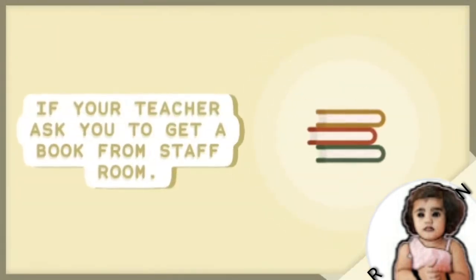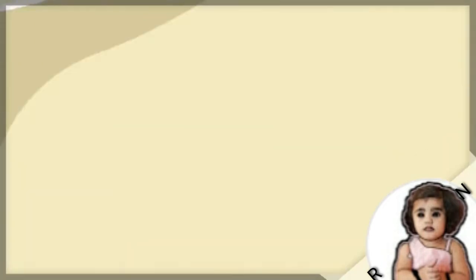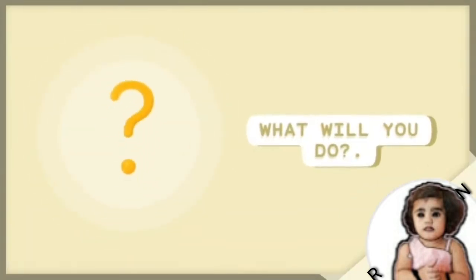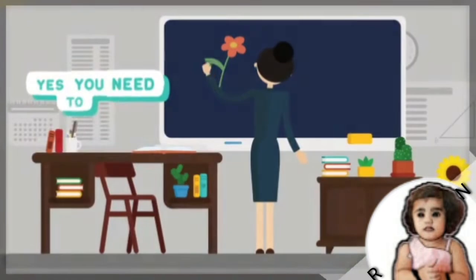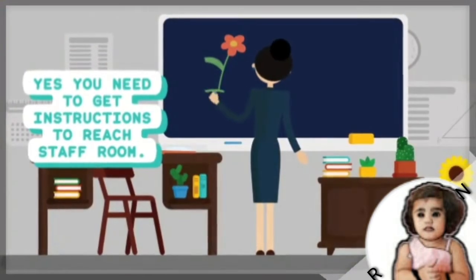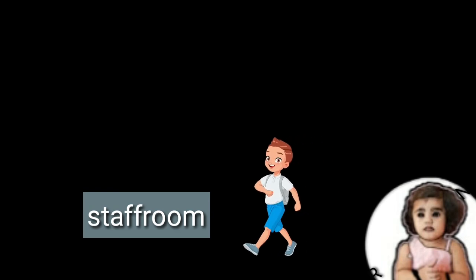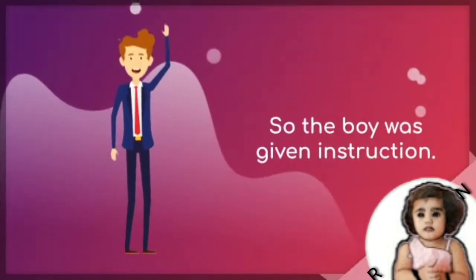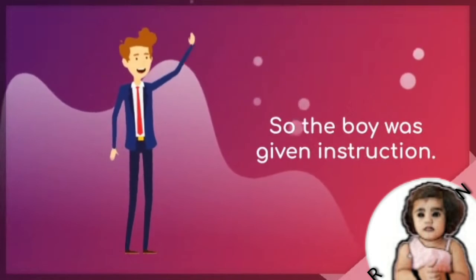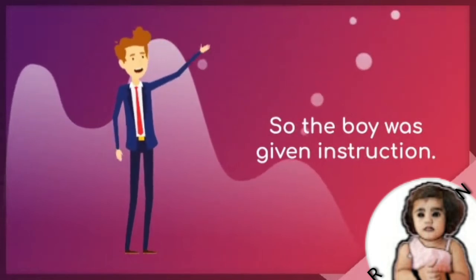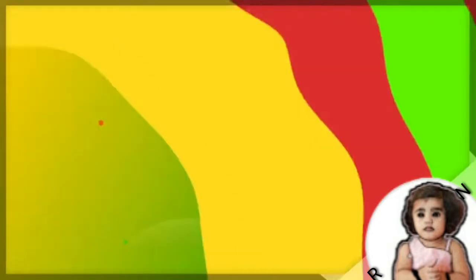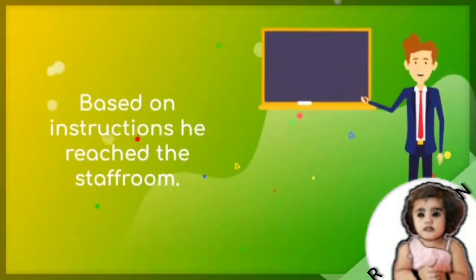So what exactly will you do? You don't know, so you will ask your teacher, ma'am, how to reach the staff room. She will give you instructions: go straight, then from the second building go right, and at the corner left you will find the staff room. So now you got certain instructions and you can reach the staff room very easily. So what was happening? Some instruction was given, right?